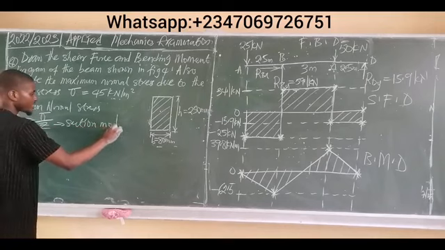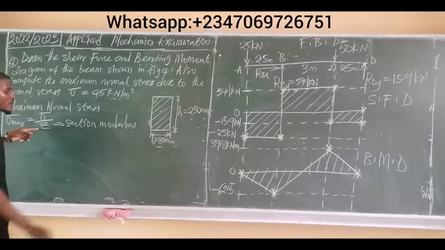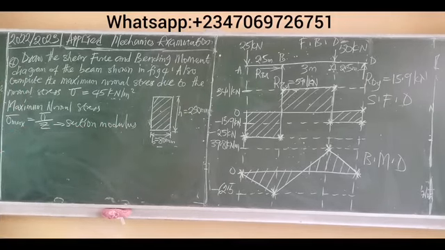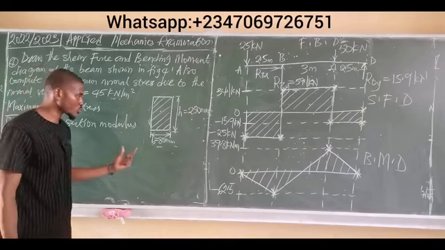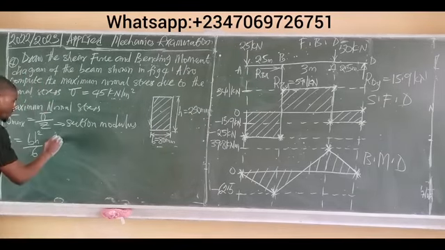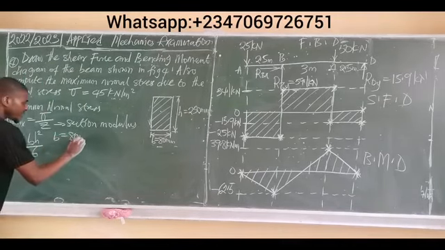So we need to find the value of the section modulus. How do you find section modulus? Z is simply equal to BH squared all over 6. This is how you find the section modulus, where B is the width and H is the depth of the given structure. From here, we are given B to be equal to 80 millimeters.